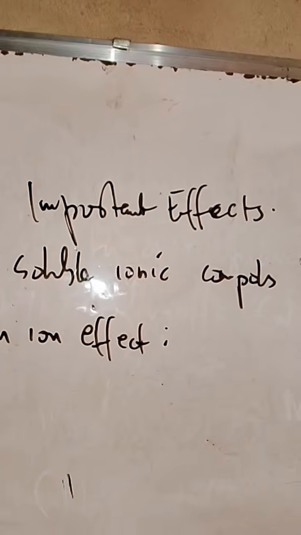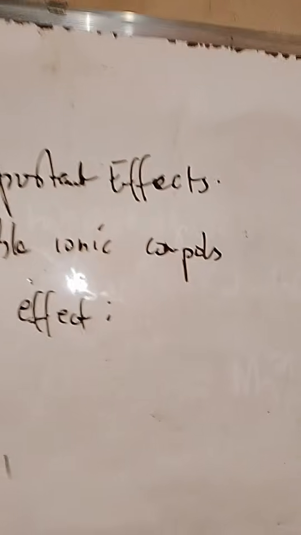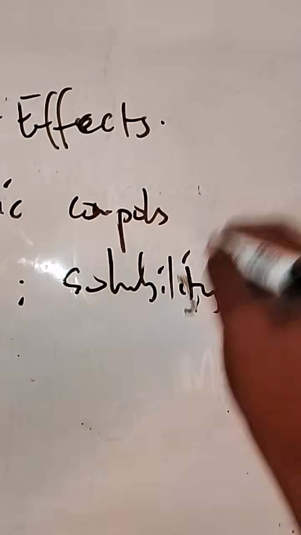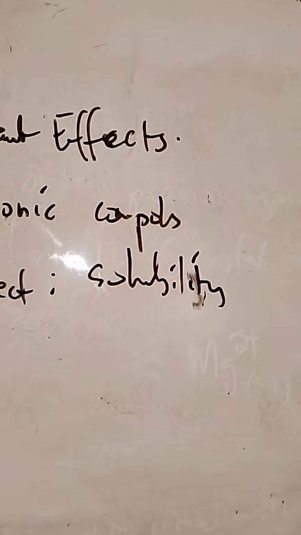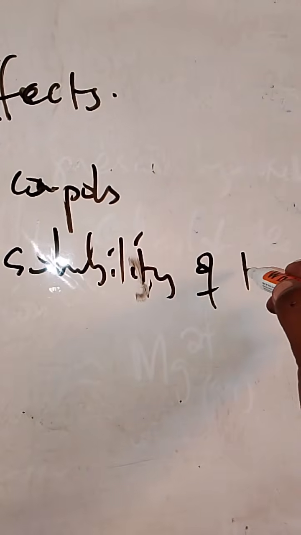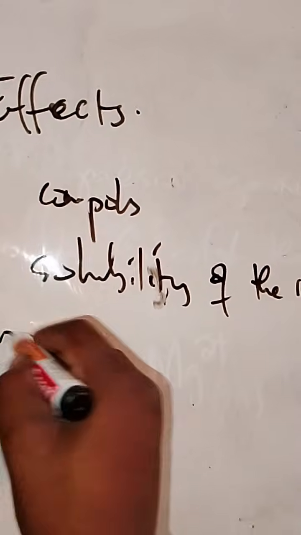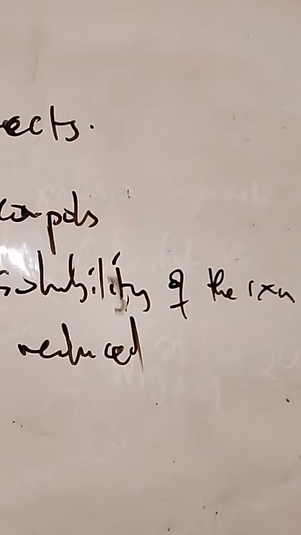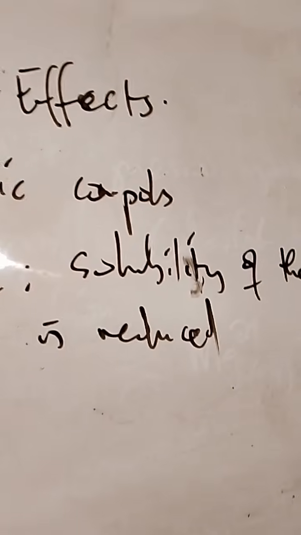Then for the common ion effect, solubility is reduced by the common ion. For a given equilibrium, a reaction with a common ion presents a lower Ksp.